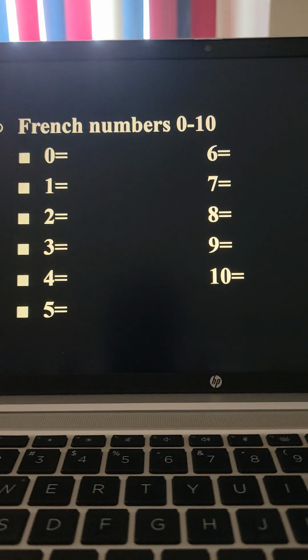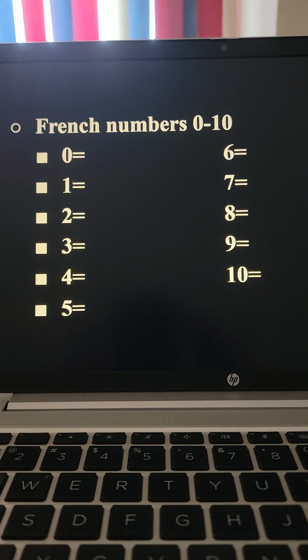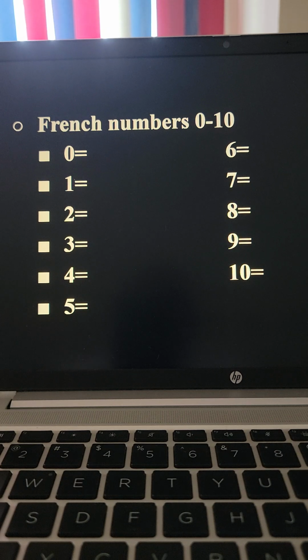So guys, the first thing we need to do, check this, write these numbers down. French numbers 0 to 10, write them down. The first thing I would like you to do is to write the way you hear them. I'm going to pronounce them, and then you put down the way you hear them. The way we hear words may differ.